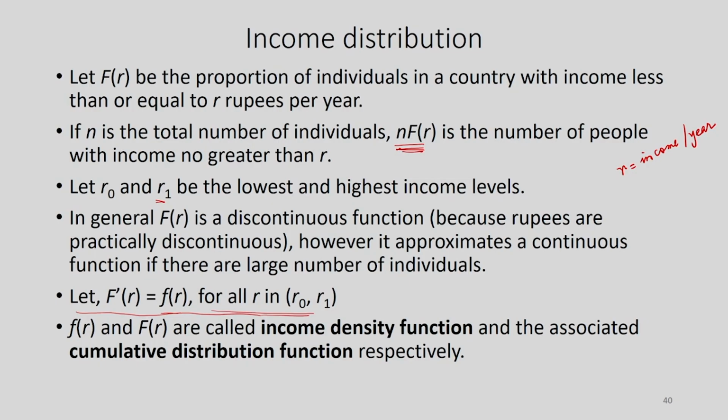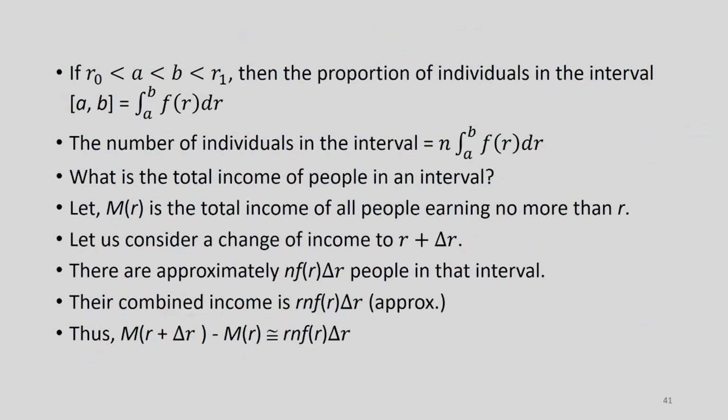Then actually there are standard names for these two functions, small fr and capital FR. They are called the income density function, that is small fr, and capital FR is called the associated cumulative distribution function. So one is density, the other is distribution. Okay, now let us pick two income levels A and B from this range, R0 to R1.